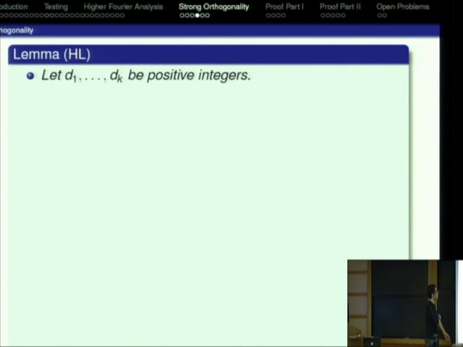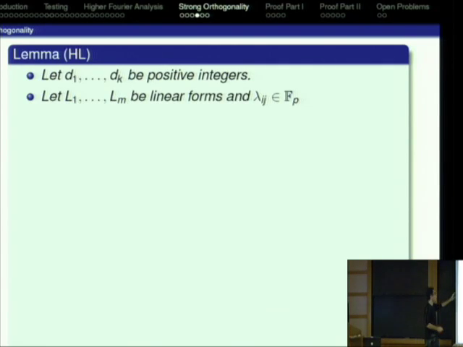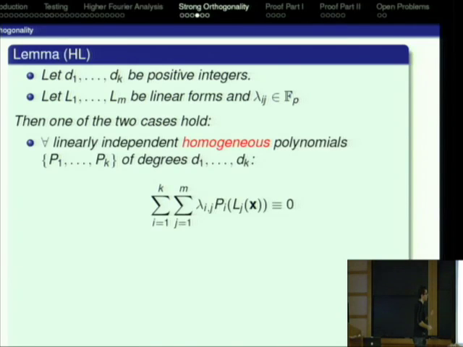And our second lemma says the following. Consider a sequence of positive integers, which is a degree sequence for us, some linear forms L1 to Lm, and some constants lambda ij in Fp. Then one of the following two cases holds.